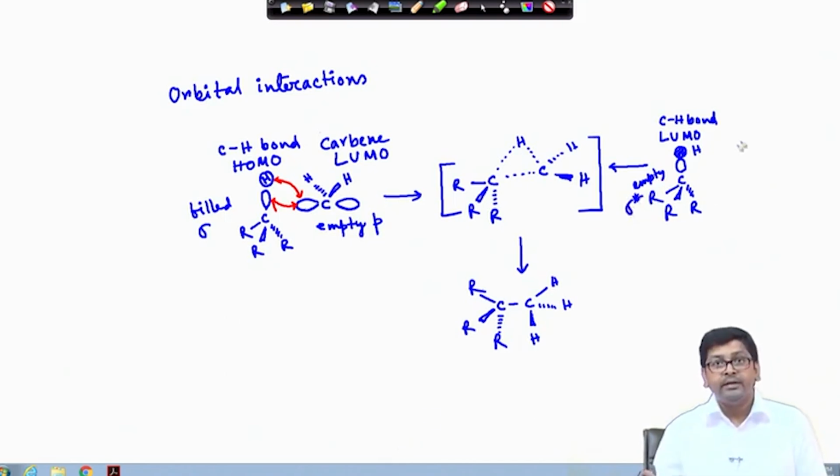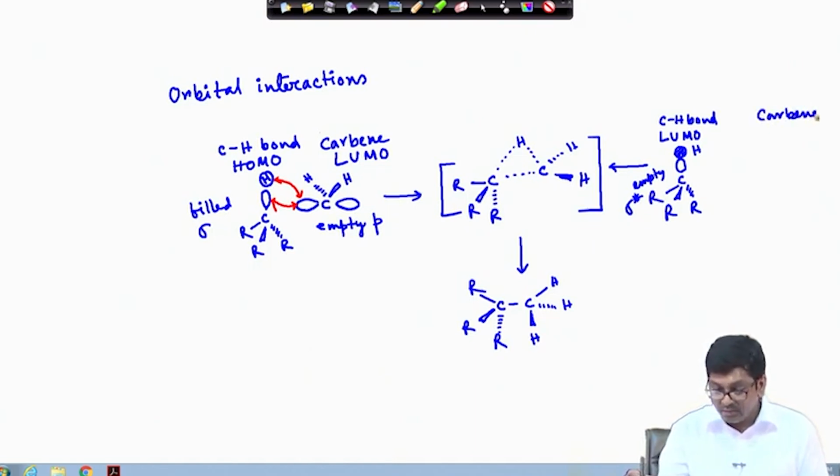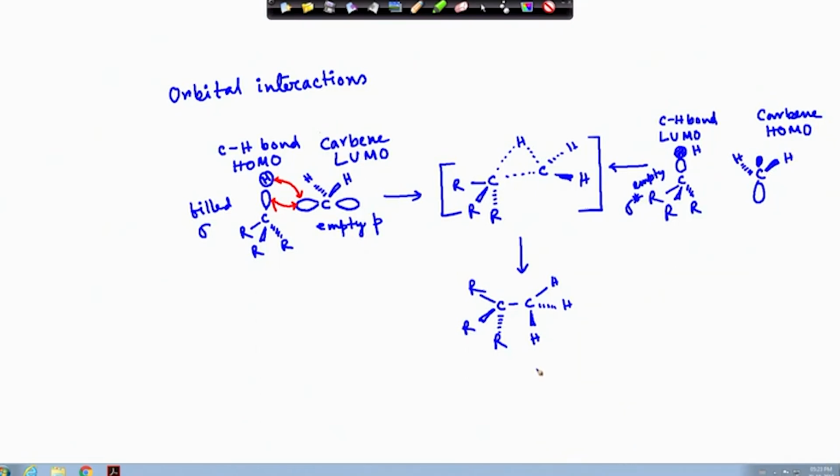And if we take the carbene HOMO, and consider their sideway approach, if we check it again, that can nicely give bonding interactions.